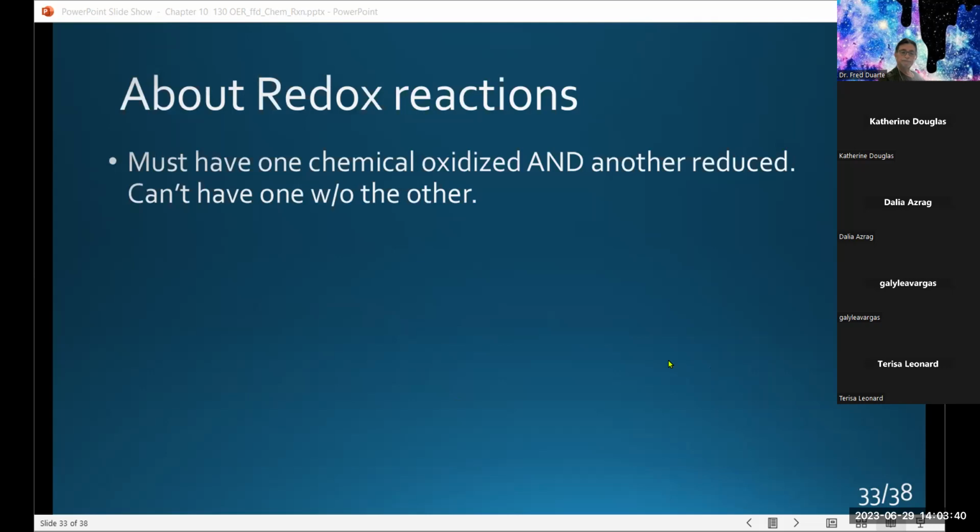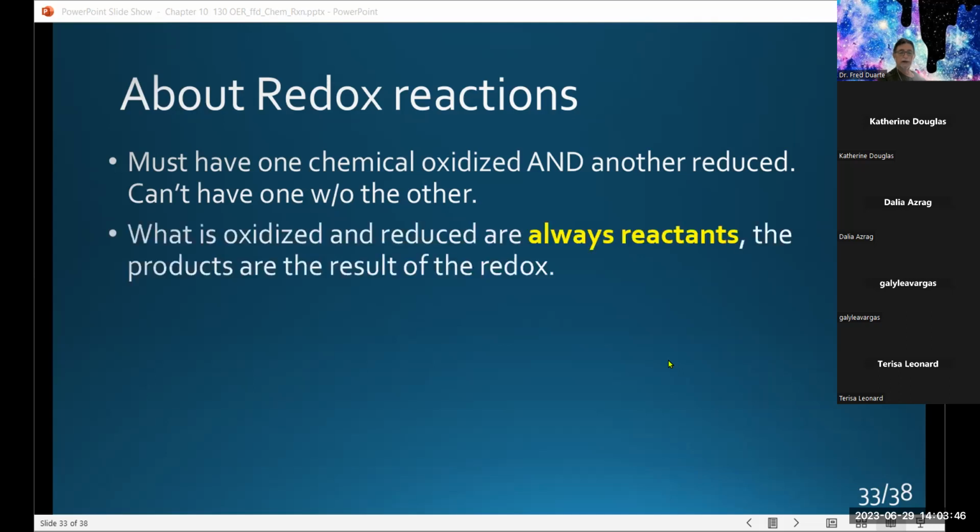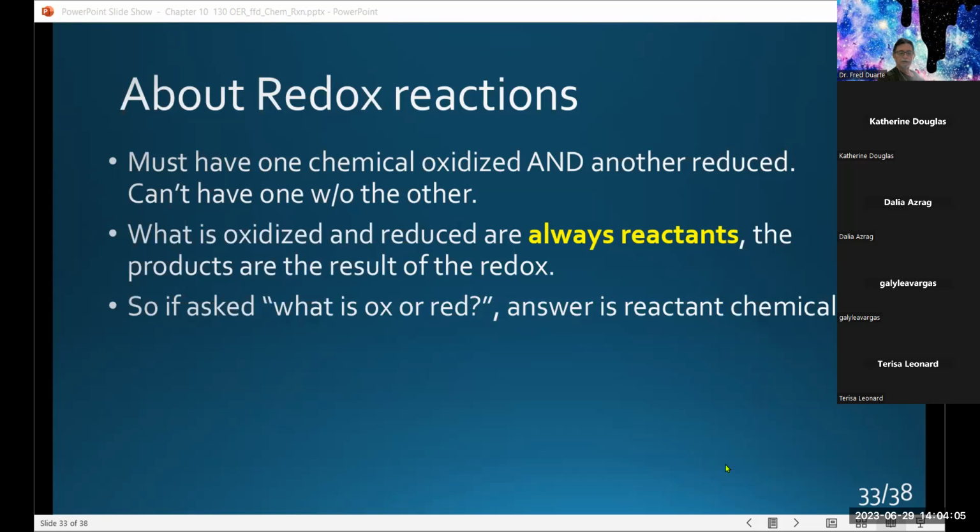As I stated earlier, redox reactions occur simultaneously. You can't have one or the other. Now, when we talk about what is oxidized and what is reduced, we're always talking about the reactants. We're not talking about the products. The products, it already happened. We're done with it. So we're concerned only with the reactants.